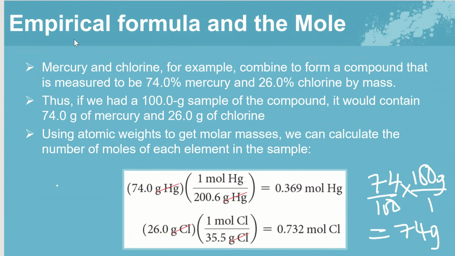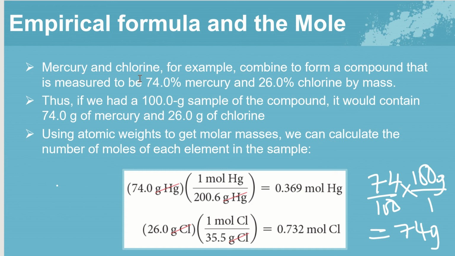So here we have mercury and chlorine, for example. They combine to form a compound that is measured to be 74% mercury and 26% chlorine by mass, right?